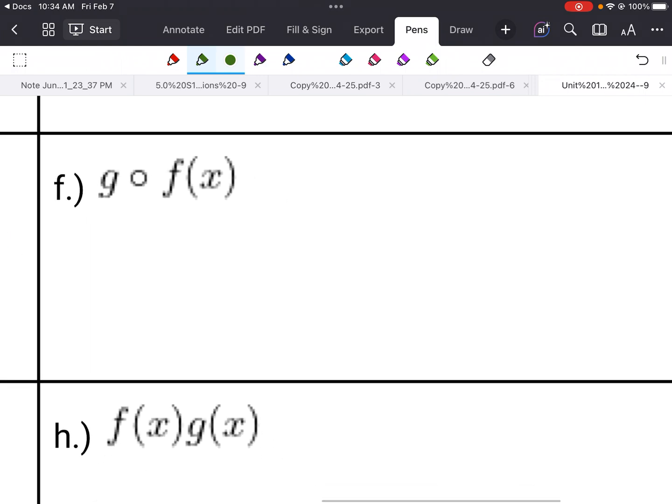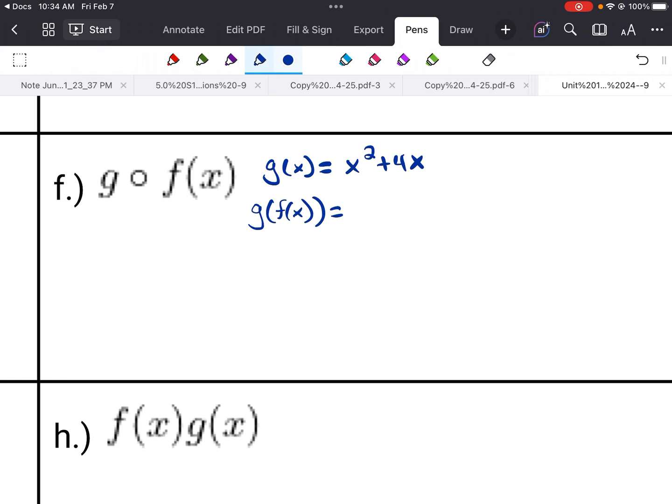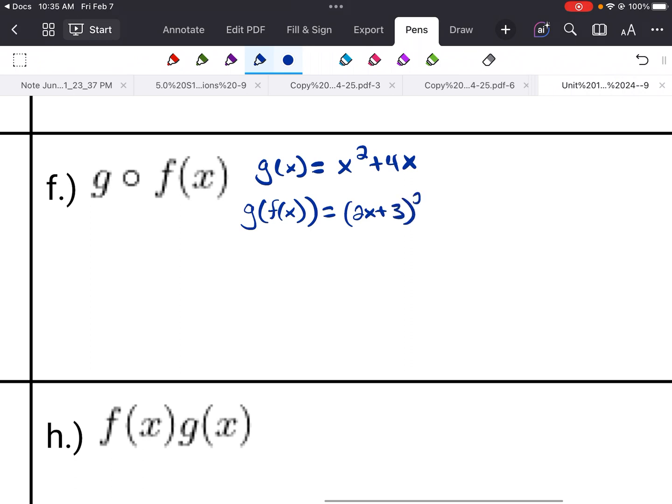Okay, the other way of writing it, and now we're going the other way, where the g function was x squared plus 4x, and we're plugging in the f function into the g function. Okay, so our first x is 2x plus 3 squared, and then we have plus 4 times 2x plus 3.